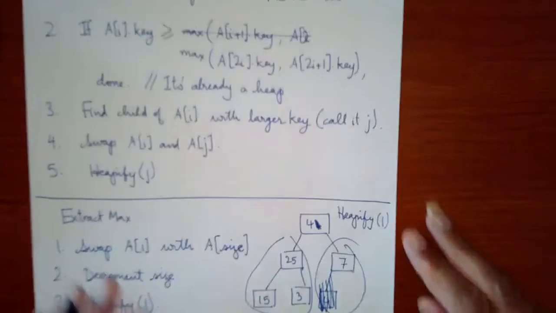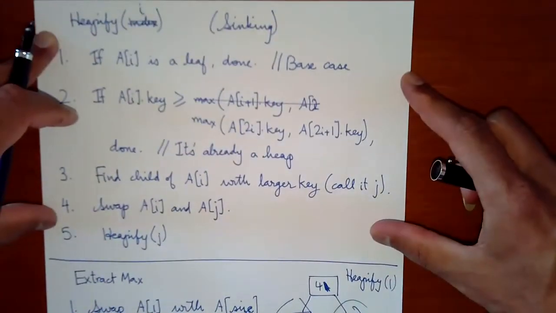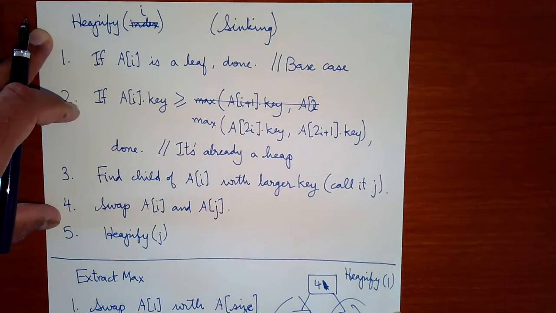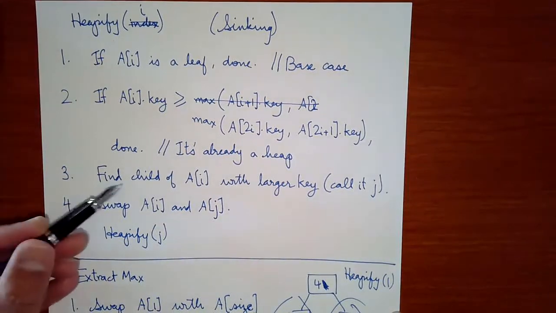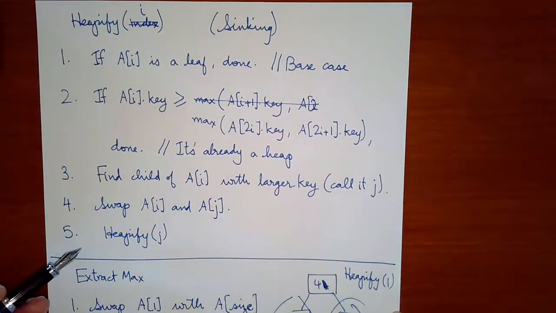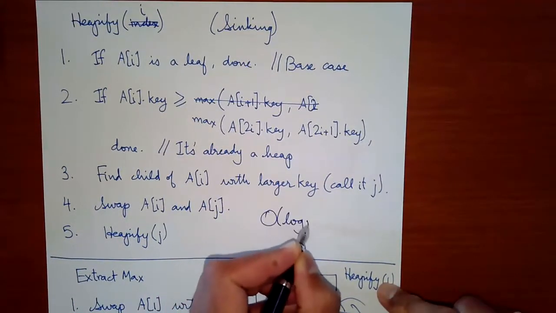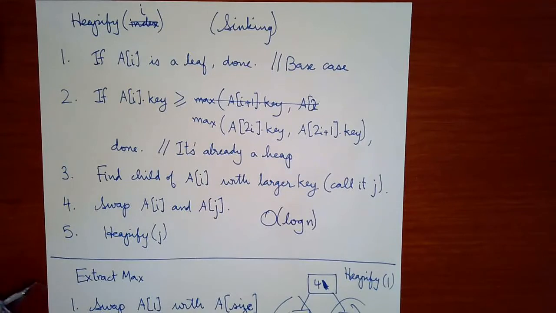Now note, what is the running time of Heapify? If you think about it, it's really just the depth of the tree because you're always swapping with children. And so the running time is O of log n.